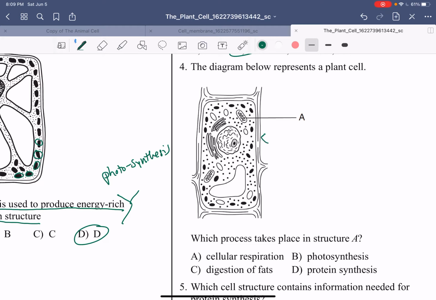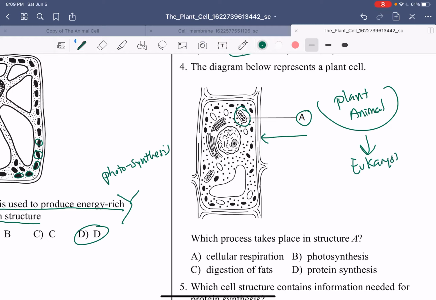Okay, this is one of those questions where they mix it up again. They give you a plant cell, but then they're labeling a mitochondria. Yes, plant cells have mitochondria. Remember that plant and animal cells are eukaryotic, meaning they have a nucleus, they have membrane-bound organelles, they are larger in size, and there are more things.